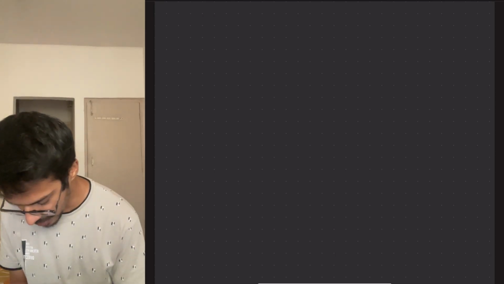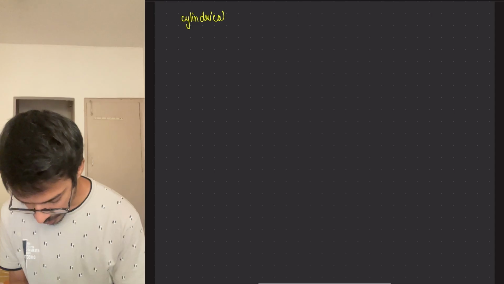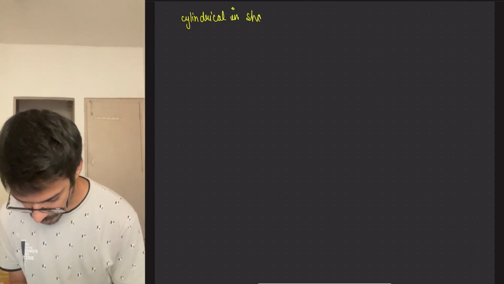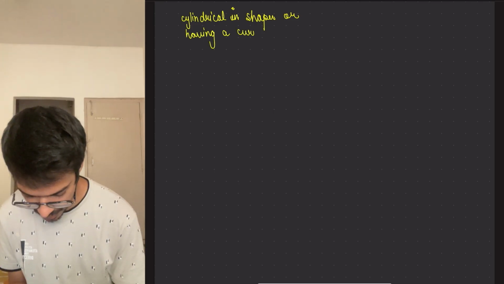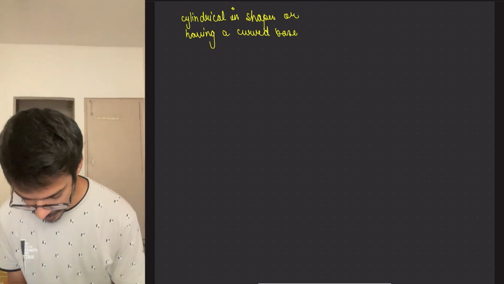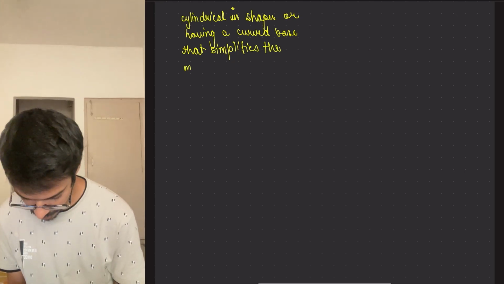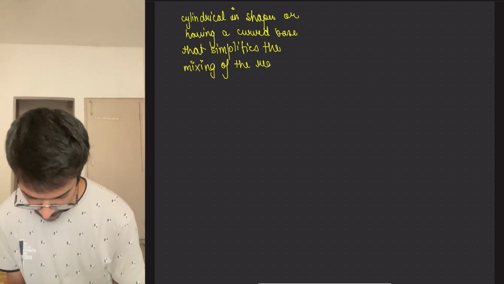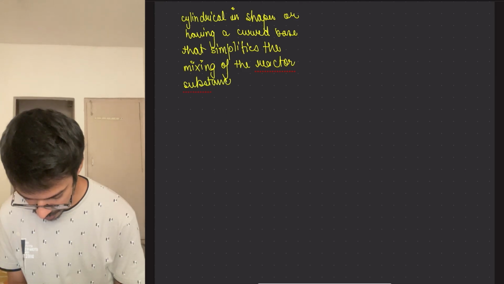Okay, number one is, in simple terms, cylindrical in shape or having a curved base, that simplifies the mixing of reactor substances.